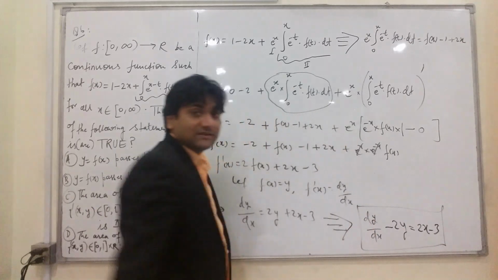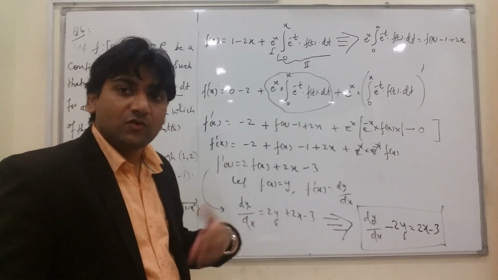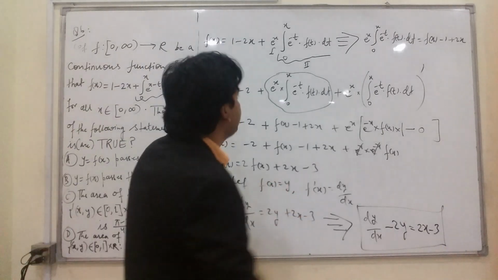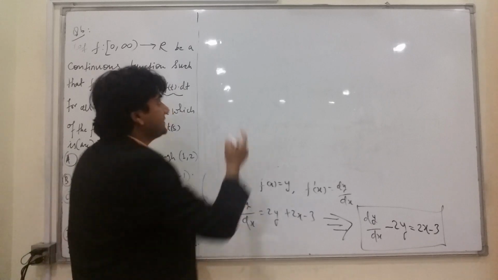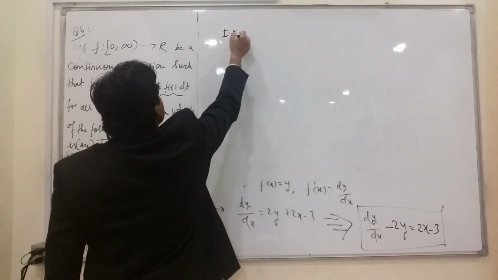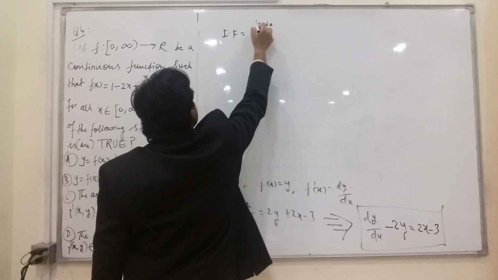So what is this? This is a linear differential equation, and we know how to solve a linear differential equation. Here we need to find the integrating factor. So the integrating factor is e raised to integral of p dx.